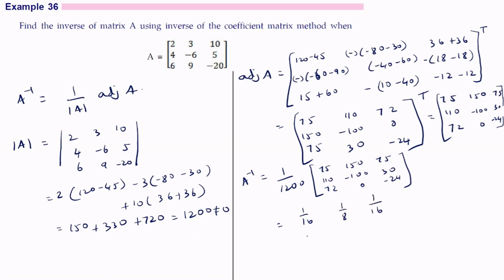Here again 1 by 16. This is 11 by 120. This is minus 1 by 12. And it is 1 by 40. Then 72 by 1200 is 3 by 50. 0. Minus 24 by 1200 is minus 1 by 50. So this is A inverse.